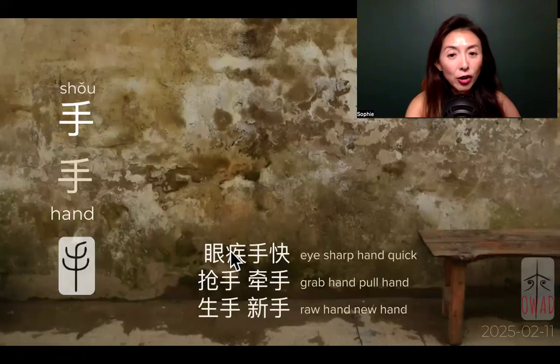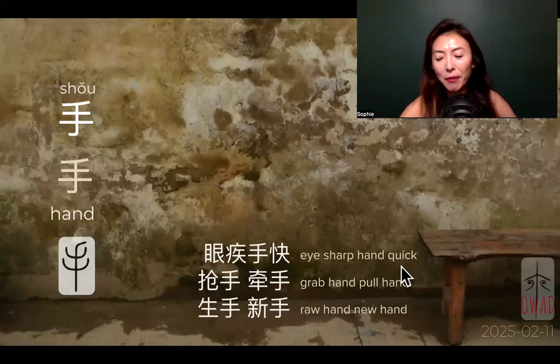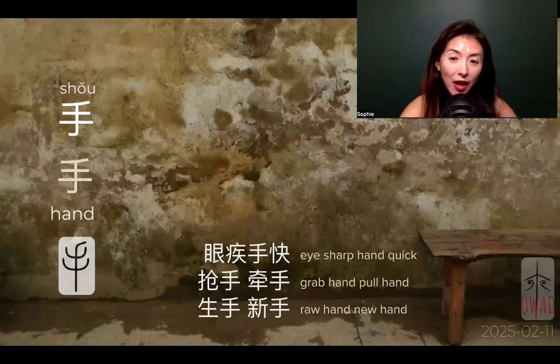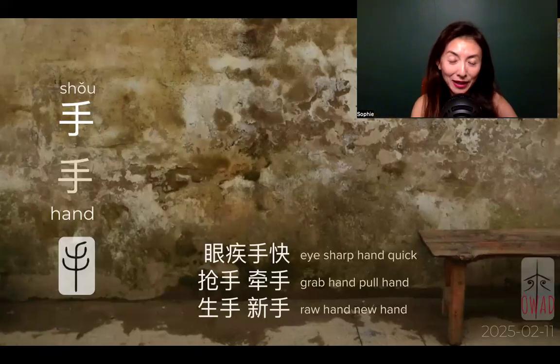Okay, 眼疾手快, your eye sharp, your hand quick. 眼疾手快 means somebody has good eye-hand coordination and quick reflexes, and can capture something quickly. It praises somebody's nervous system, connected to muscle, so well connected and developed that they can execute something quickly once they see it.